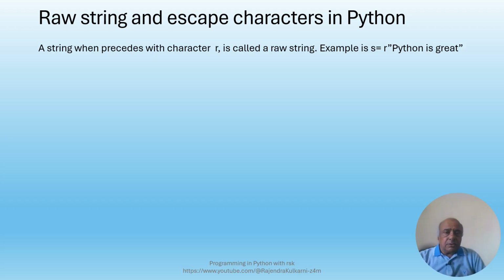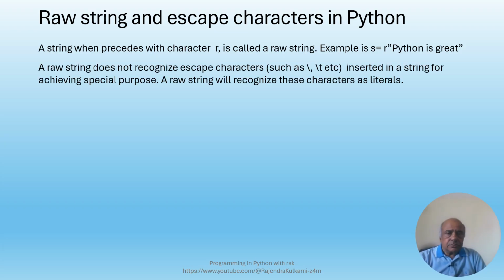A string when preceded with the character R is called a raw string. We have seen in an earlier slide how it is defined. The speciality of a raw string is it does not recognize escape characters. There are many, 4, 5 or 6, escape characters that we widely use in our programs using strings.